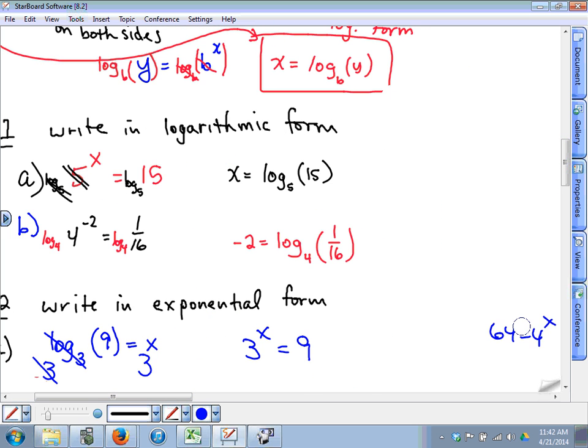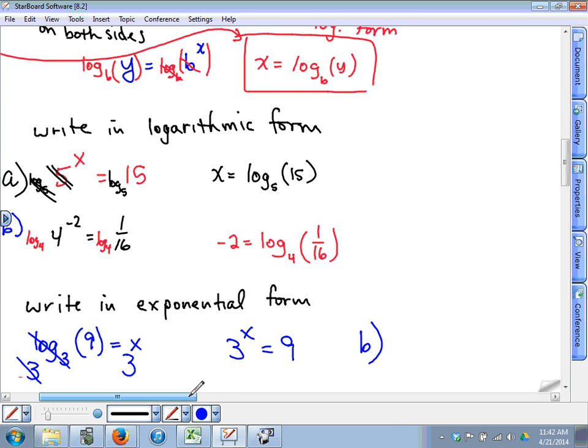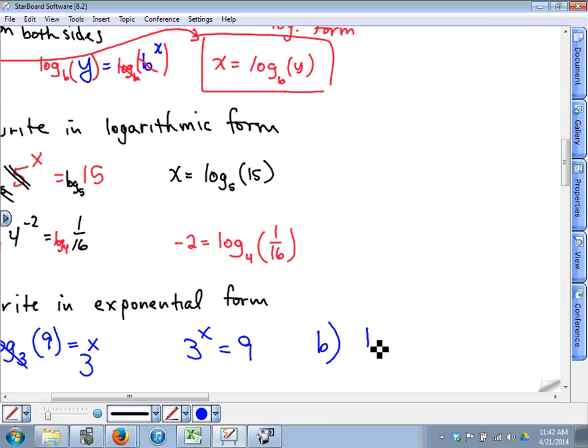So real quick, try this one, part B. Log base 64 of 8 equals 1/2.